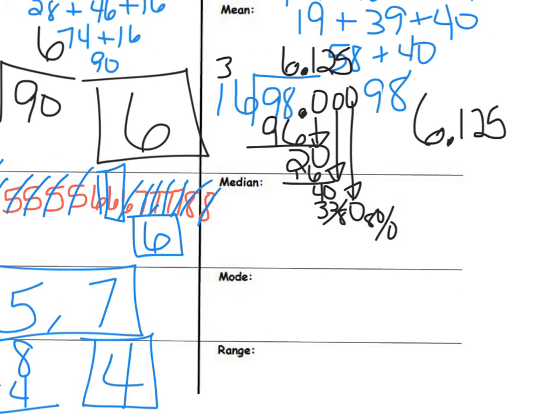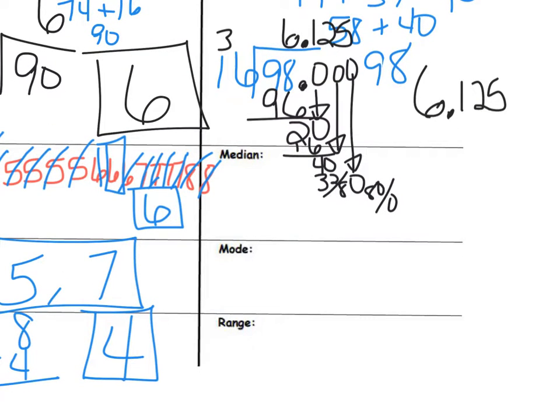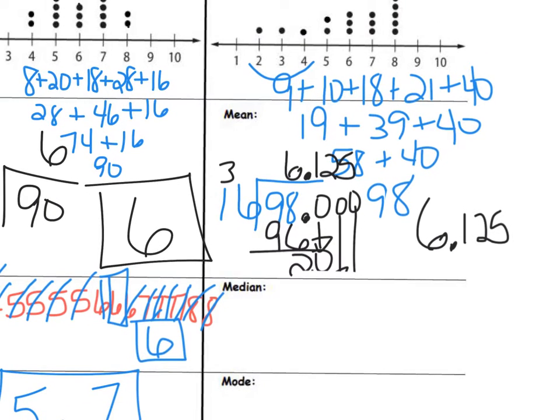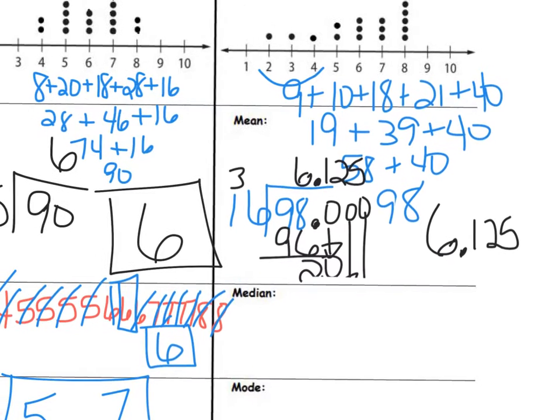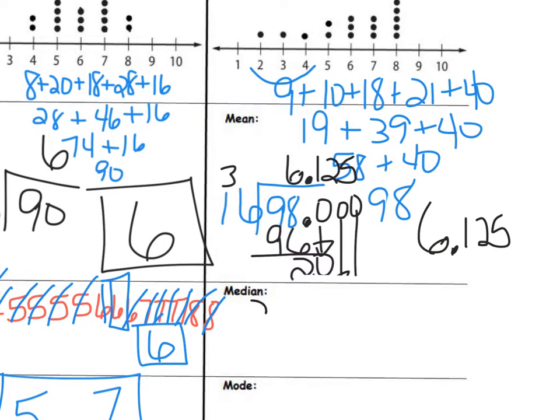Okay, so let's go ahead and find the median. I'm going to erase part of this so I could do this. Now we're going to list again all the numbers. So I need to see what the numbers are, or somebody could call them out for me. So we have 2, 3, 4.